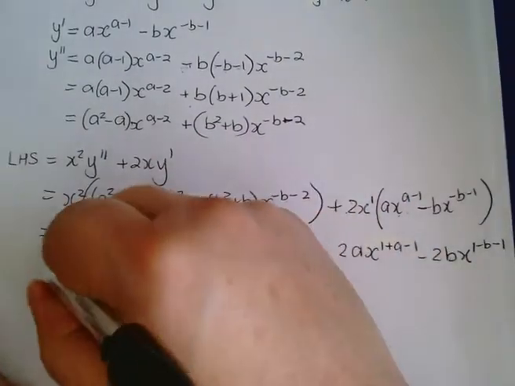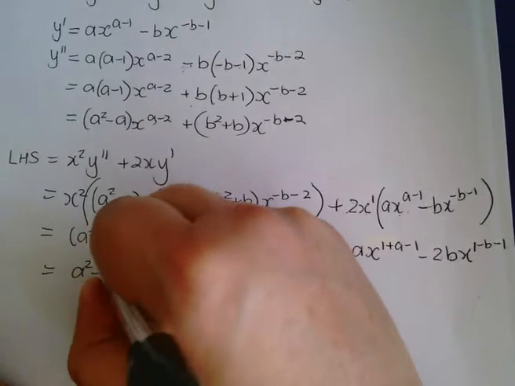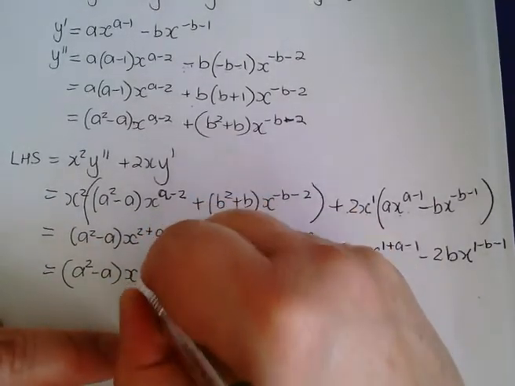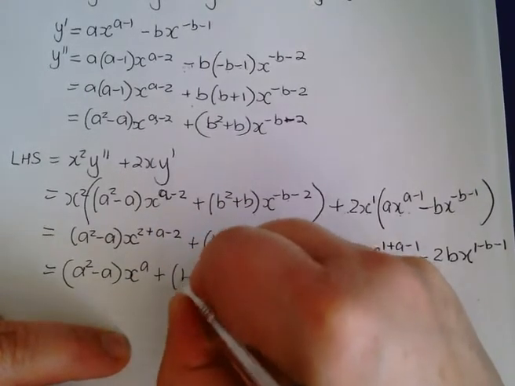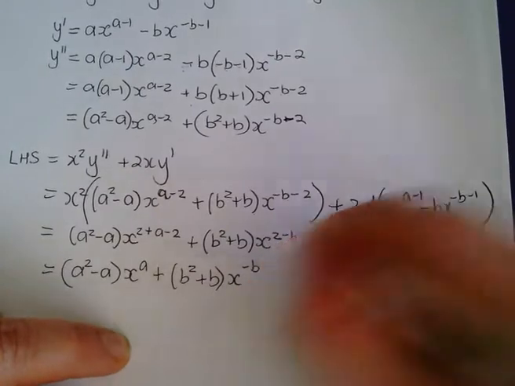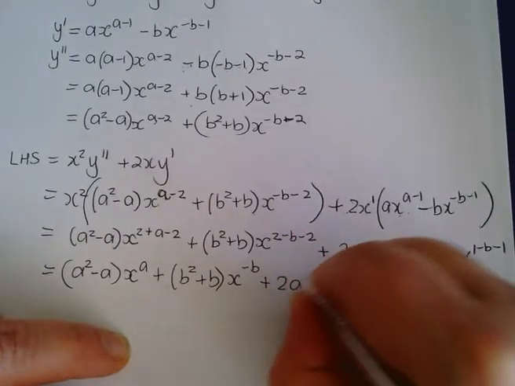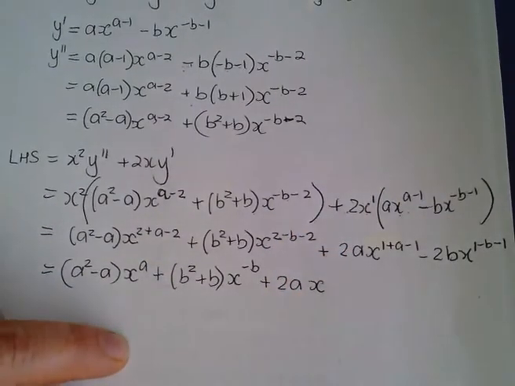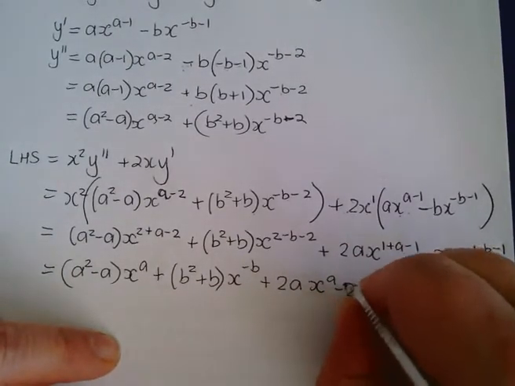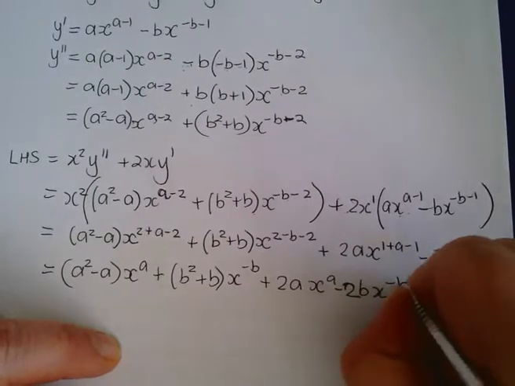So what do we get? a squared minus a times, what do you get here? x to the a, plus b squared plus b times x to the negative b, plus 2a x to the a, minus 2b x to the negative b.